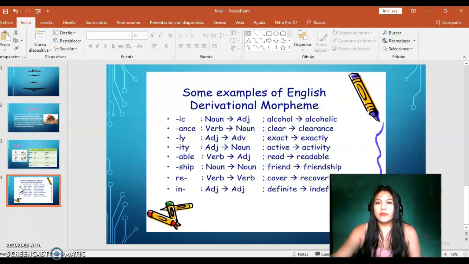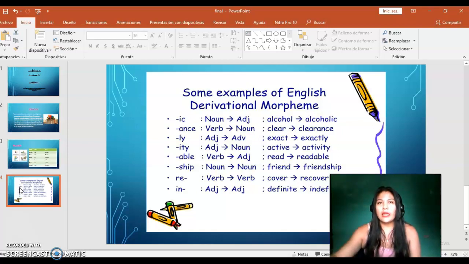Here are some other examples of English derivation morphemes. The affix -ic: the noun alcohol gives the adjective alcoholic. The affix -en: bird is a verb.